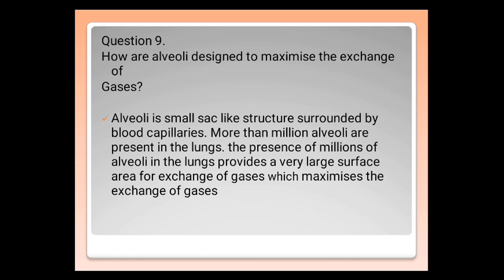The presence of millions of alveoli in the lungs provides a very large surface area for exchange of gases, which maximizes the exchange of gases. Here, the main points are the presence of millions of alveoli surrounded by blood vessels, so that a very large surface area is provided. It is a repeated question in the boards. Next question.